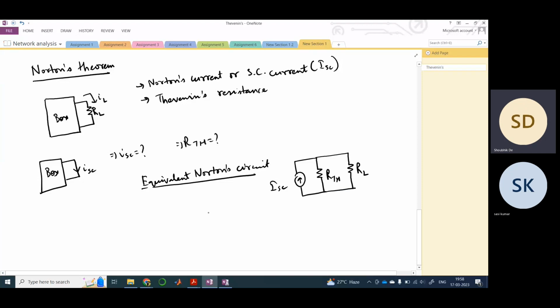So basically your Norton's equivalent circuit is ISC in parallel with RTH, and if you have a load resistance connected, it would come here. This is as simple as that.